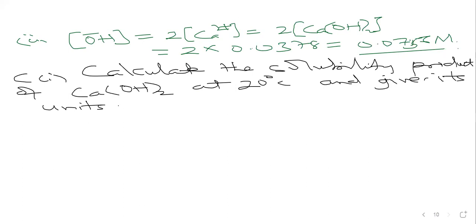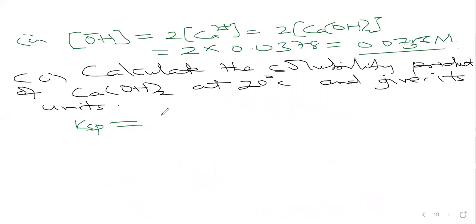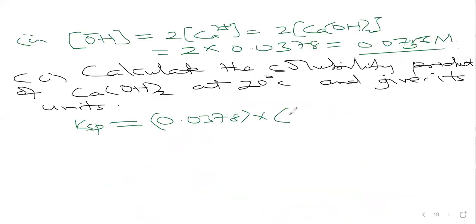So here you come and tell the examiner that Ksp is equal to, have we already written this expression somewhere? Yes. We have already written it here, we may not need to repeat it. So Ksp is equal to the concentration of calcium ions, which is 0.0378 multiplied by that of the hydroxide ion squared, which is 0.0756, but this is squared. Units here will be moles per liter.